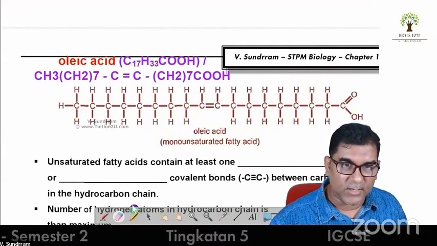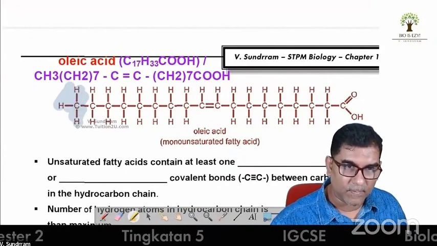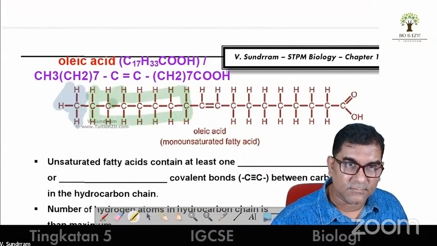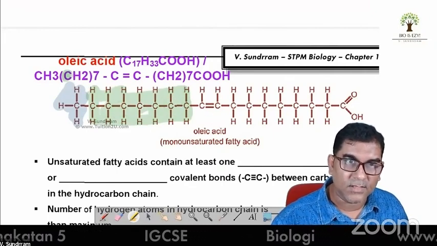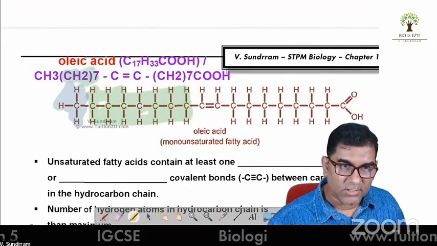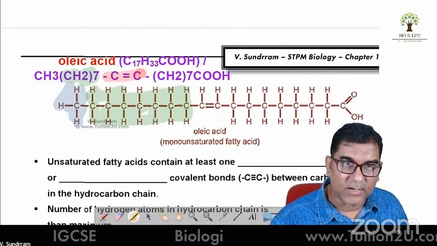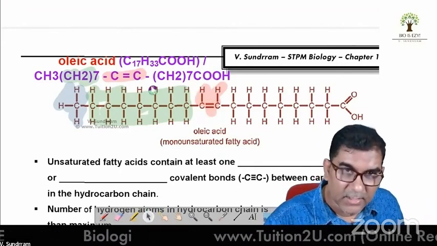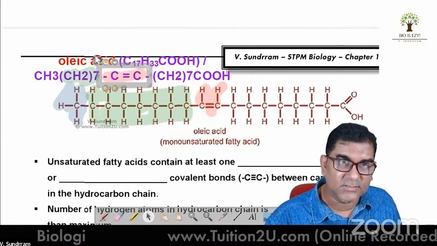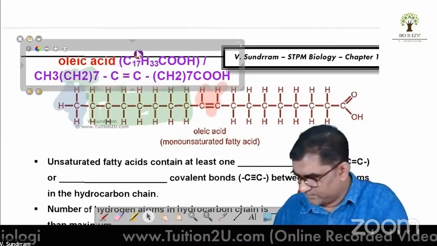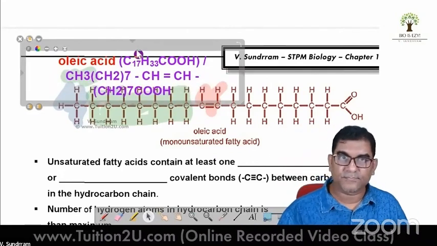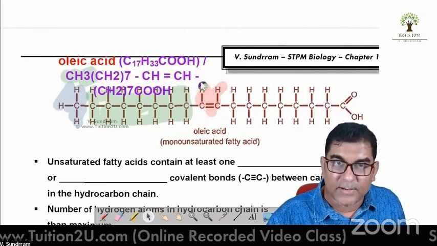CH3 is this one. CH2 7 is all of this. That is this one. Now this double bond carbon is this. So now there is a mistake. This must be CH, because both of these carbon have hydrogen.